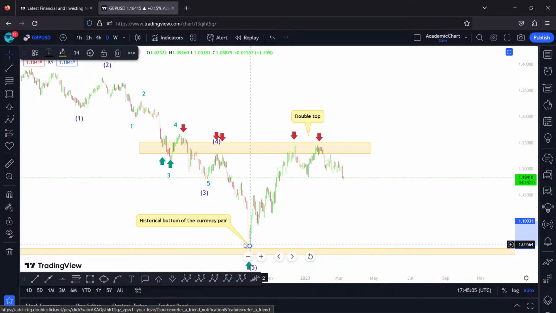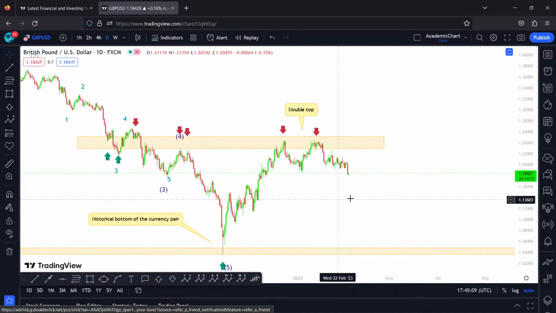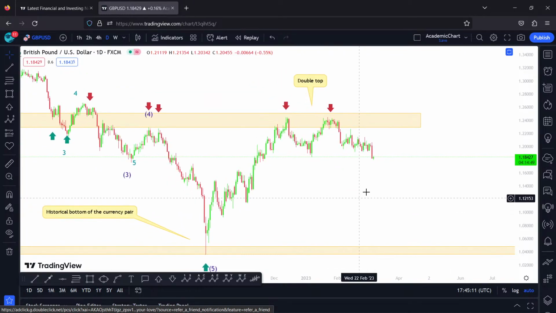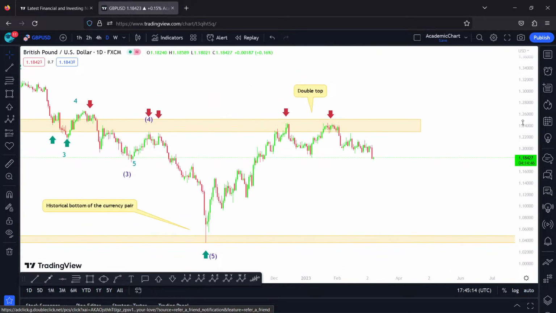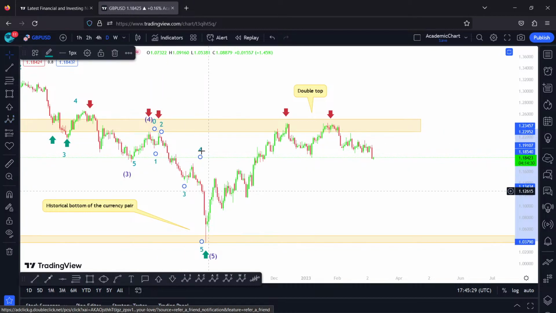Anyhow, the part that we are interested in now, let's zoom in. This is the part. Now we have good confidence about this fifth wave. If you're interested, I can say that this is also 1, 2, 3, 4, 5 as minor waves, the minor ones of this fifth wave.